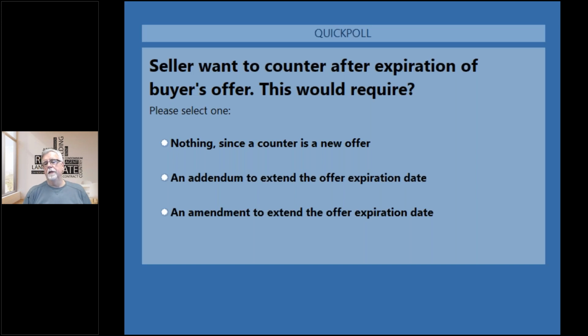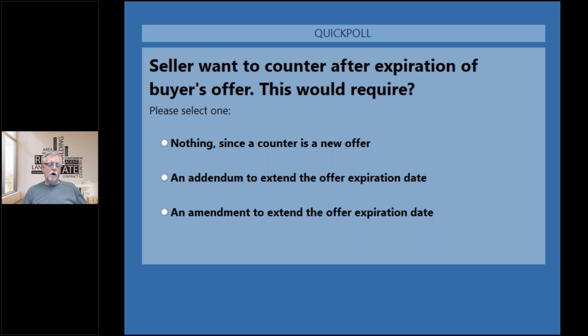Now, the reason that we have to do this is because on page 10 of the residential purchase agreement, up at the top, where there's a place for the seller to sign, there's a box, which by the way, you need to check if you're doing this, that says that you are accepting the offer subject to the attached counteroffer.